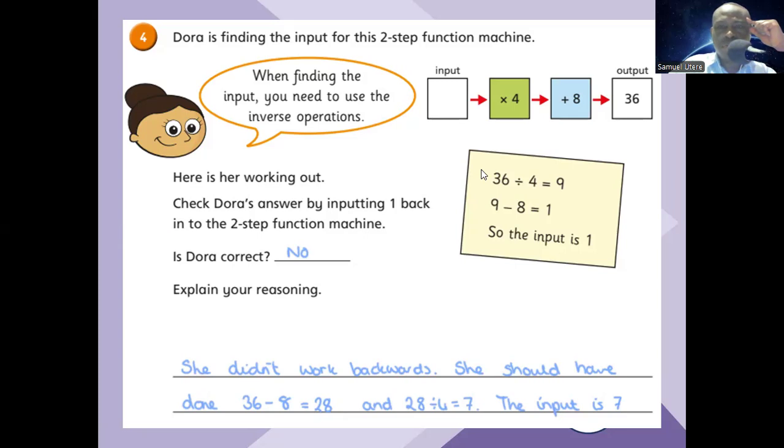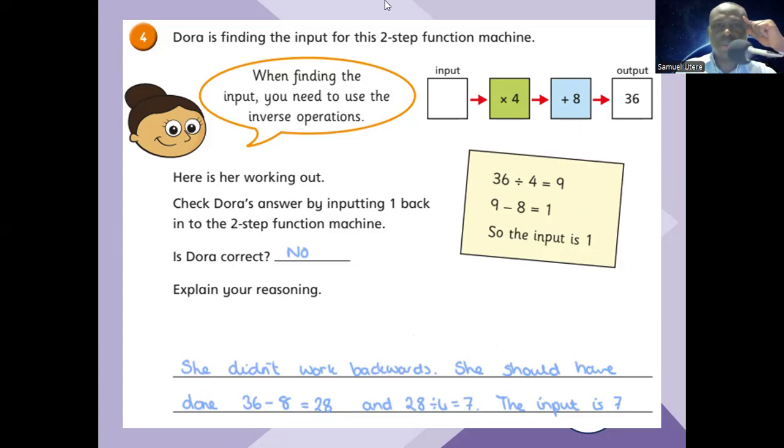So Doro did not work backwards. She should have done 36 subtract 8, because the inverse of adding 8 is to subtract 8.